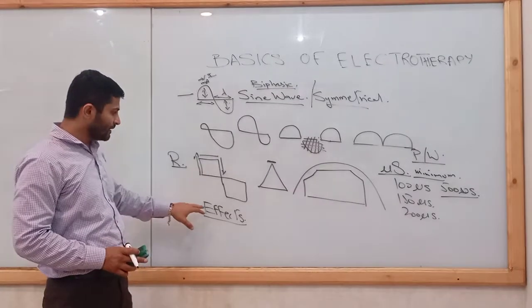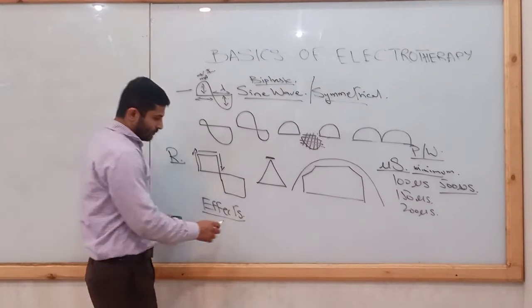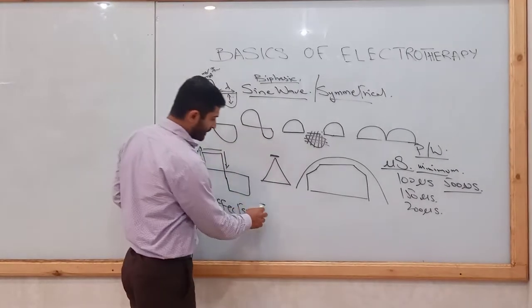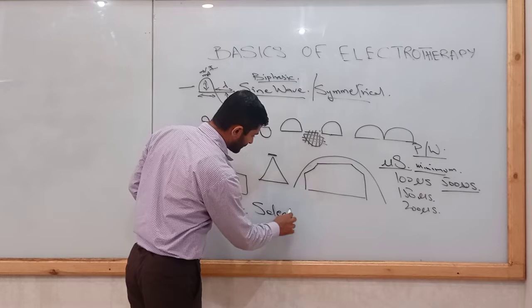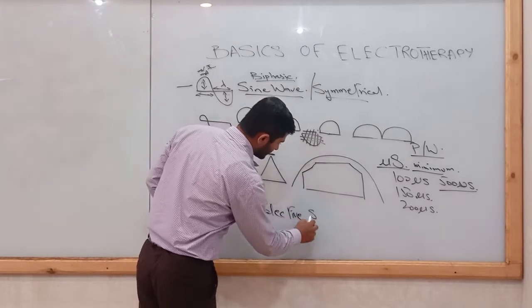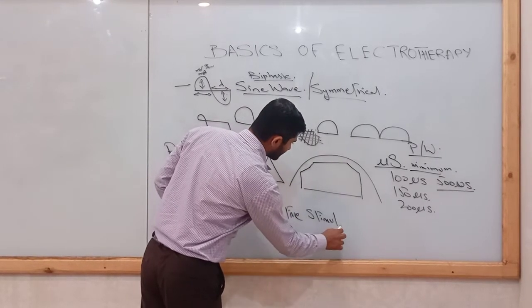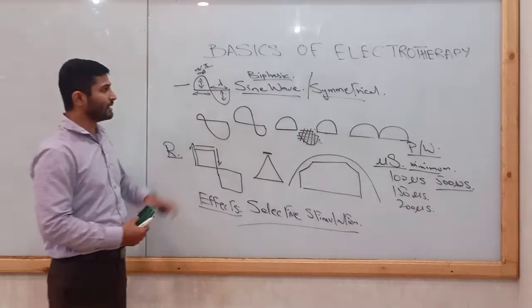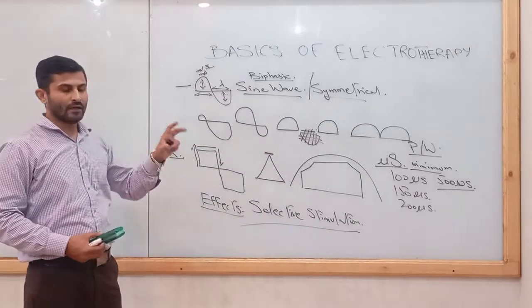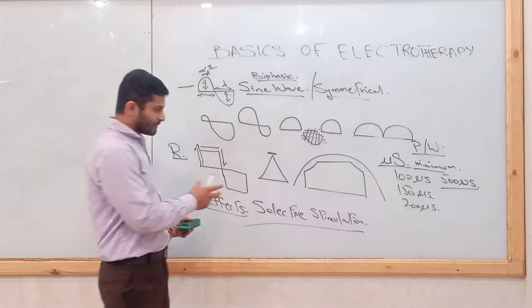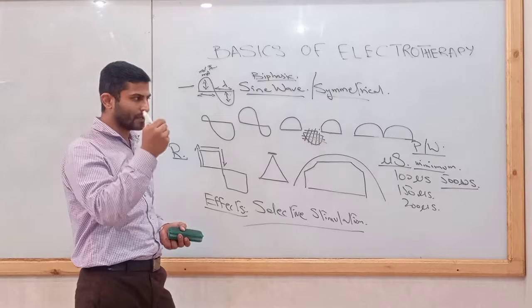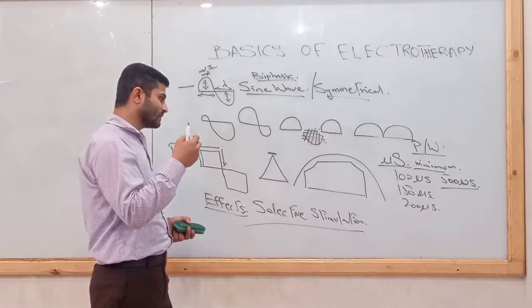And lastly, if we come to the effects, you might have heard about this concept called selective stimulation. It means that different types of currents or different parameters of current have different effects. So selective stimulation means that it particularly targets a certain type of fibers and produces the desired effects.